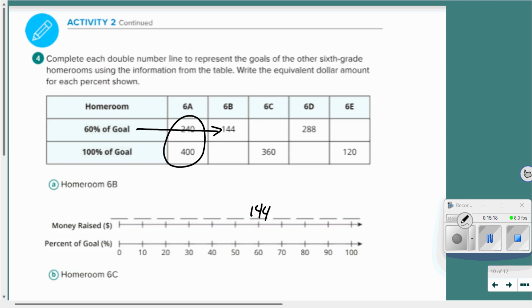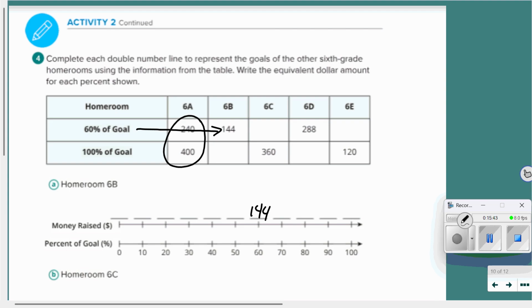So I'm going to use that information to determine how to fill in the rest of my double number line to find 100%. I just want you to do homeroom 6B, and if you have time, try 6C. You may work as a table, but we're just looking at those two for right now. Got it? Okay. Come back.